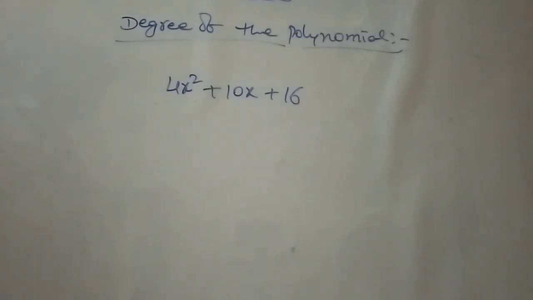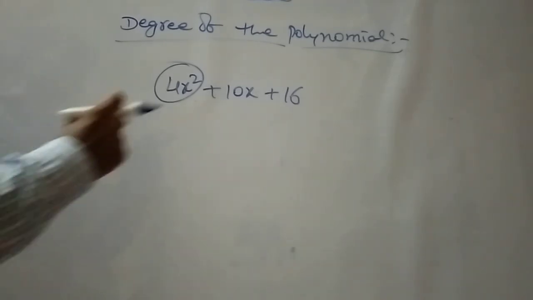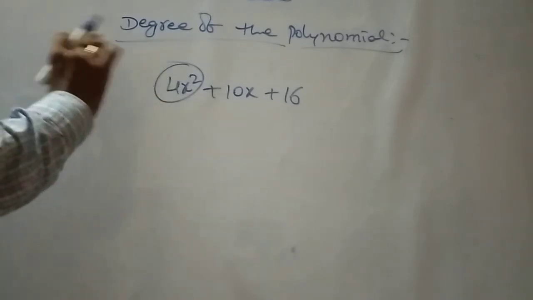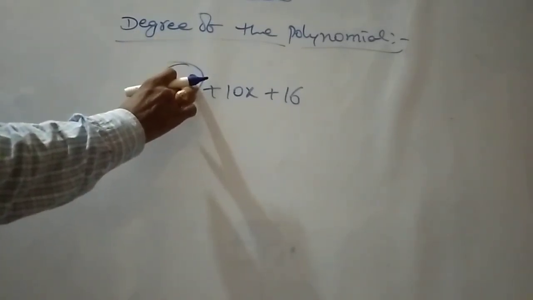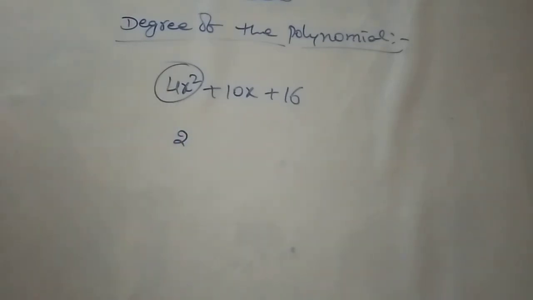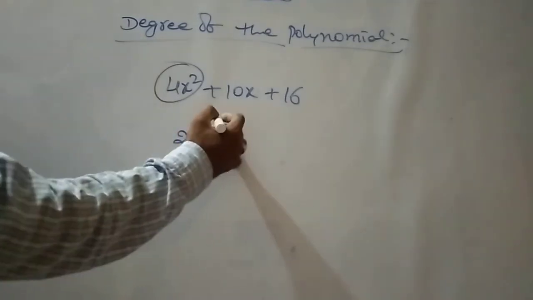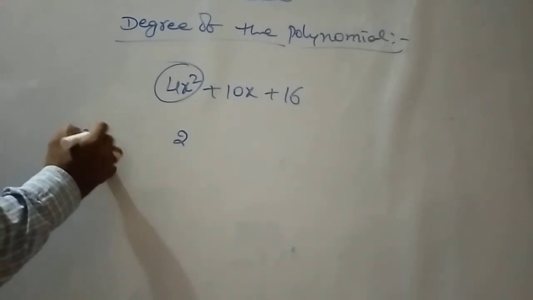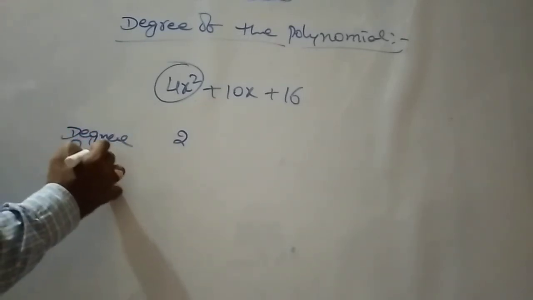Degree of a term means the sum of the exponents of its variable factors. Here there is only one variable, so no need to add anything. Simply the degree is the x power, which is 2. Degree of the first term is 2. Now coming to the second term, the degree of the term.